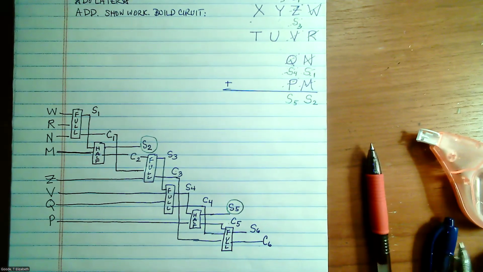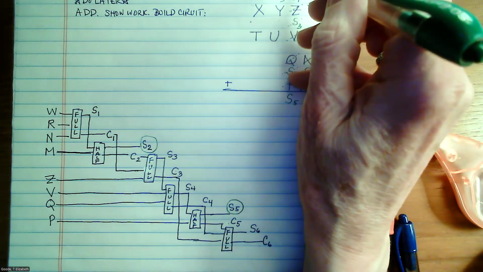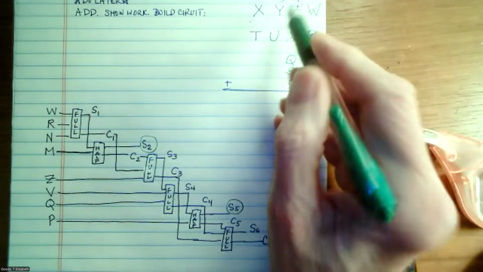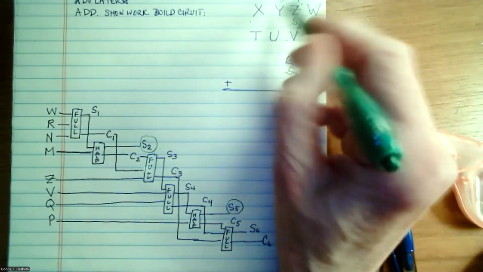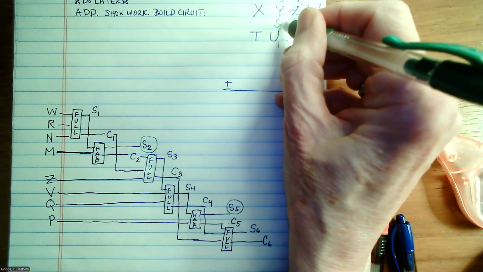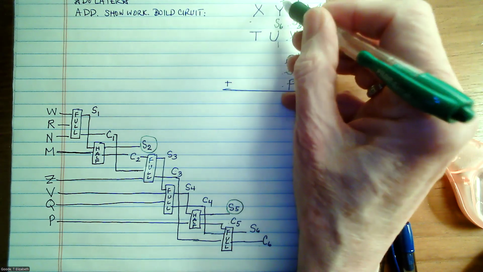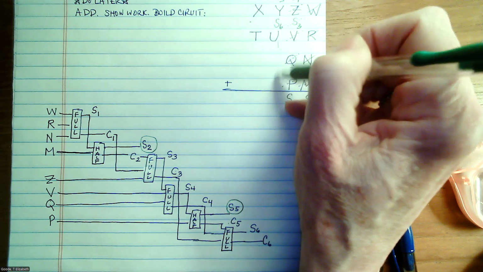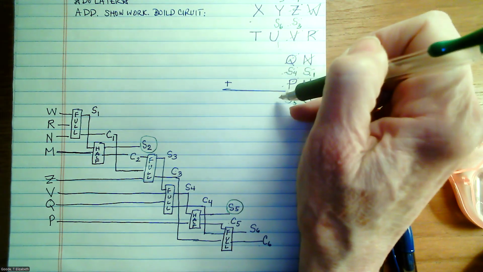Where do those output digits go? S6 goes below Y. Yeah, as long as it's in the same column, it's fine. If we had room here, we could stick it here, but the point is it just needs to stay in this column until we deal with it. What about C6?